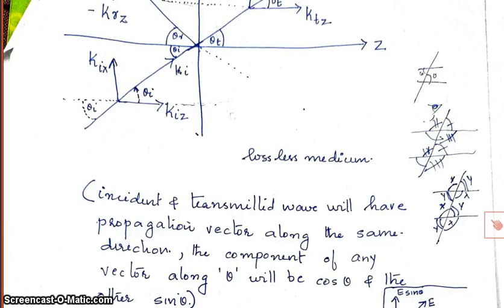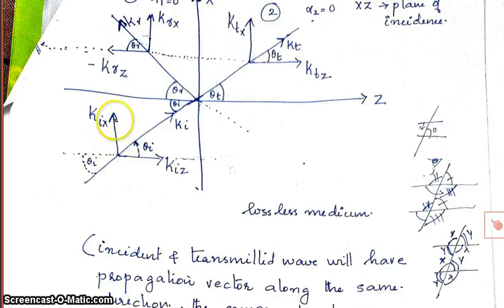Since it is a vector, it can be resolved into two components, and those two components are kix, which is parallel to my x plane, and kiz, which is parallel to my z plane. So I have resolved ki into two components, kix and kiz, where kix is parallel to x plane and kiz is parallel to my z plane.